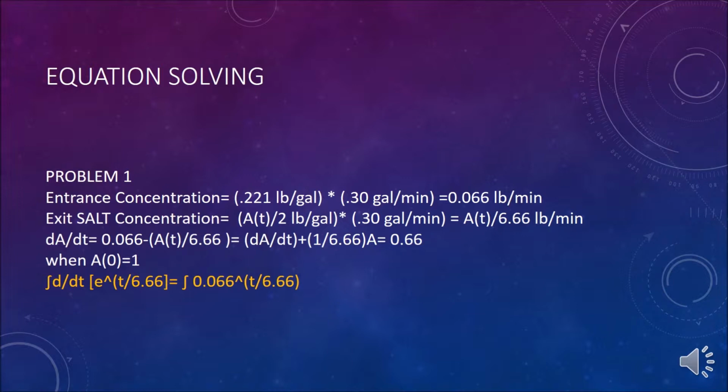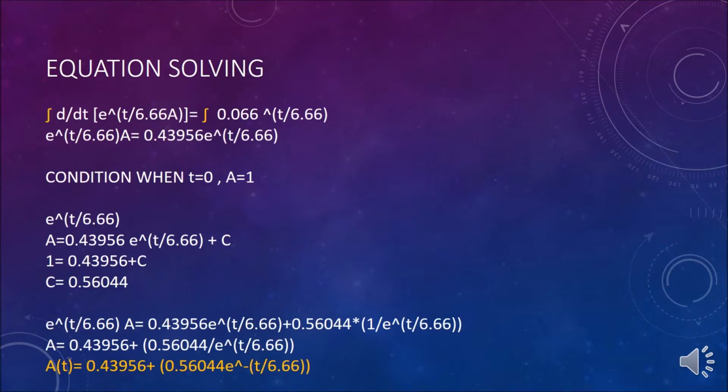Then when A at t=0 is equal to 1, we have the next integration. We proceed to make this integration in order to obtain this, that is e raised to t over 6.66 times A equal to 0.4395 e raised to t over 6.66.